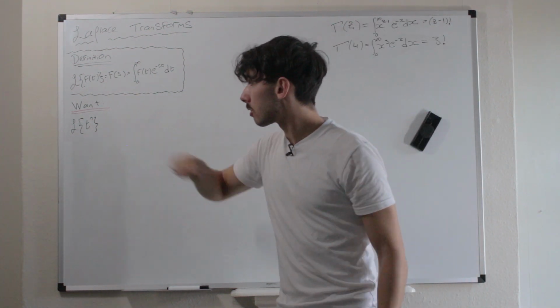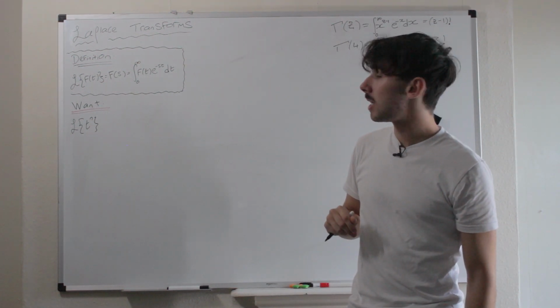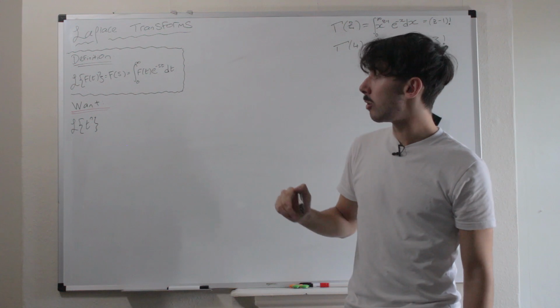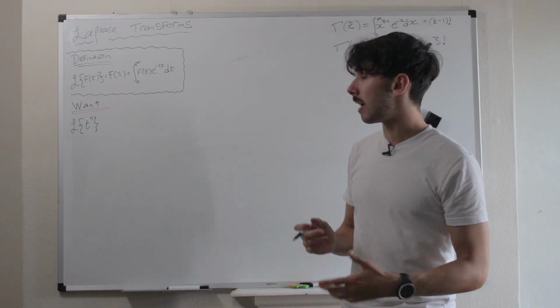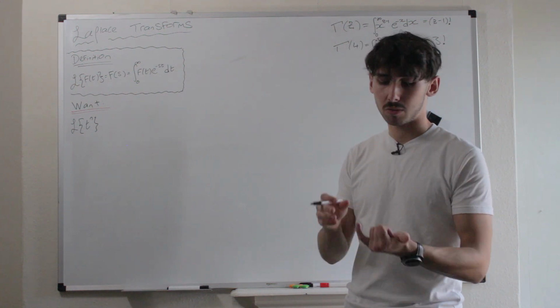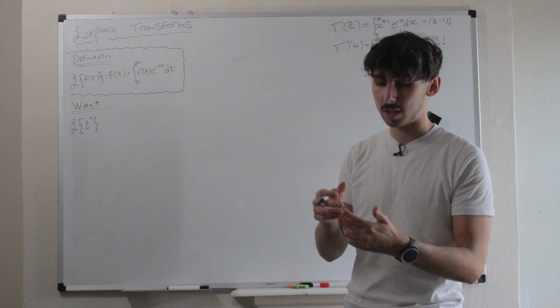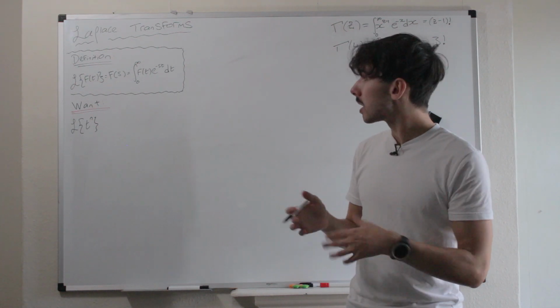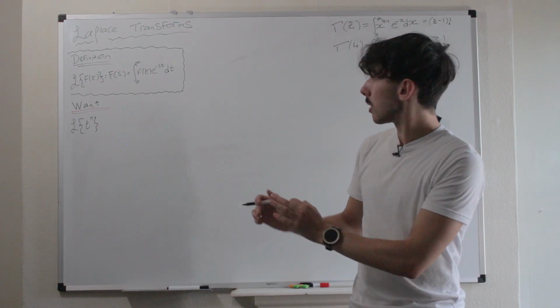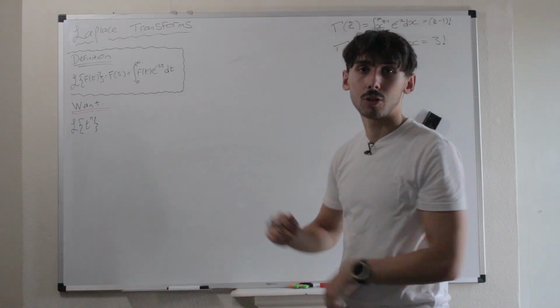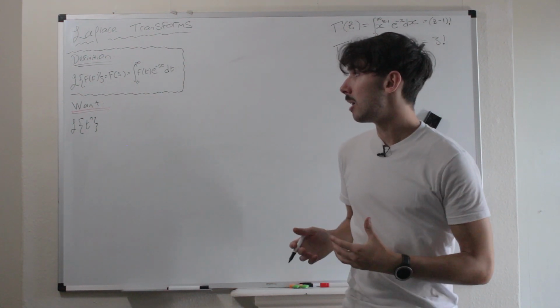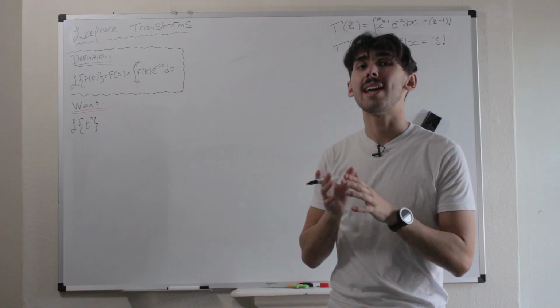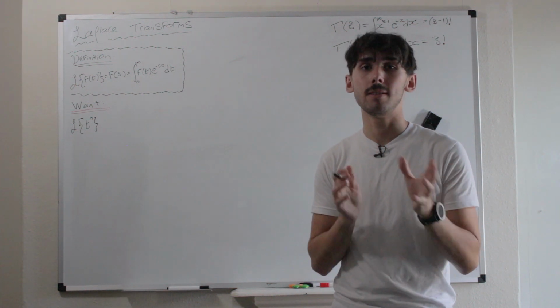So we want the Laplace transform, back to that, of t to the n. You could think of n as being a natural number, so we want the Laplace transform of t, or t squared, or t cubed, or t to the 105. But because we're about to employ this gamma function, you will find that you can find t to any power except negative integers.